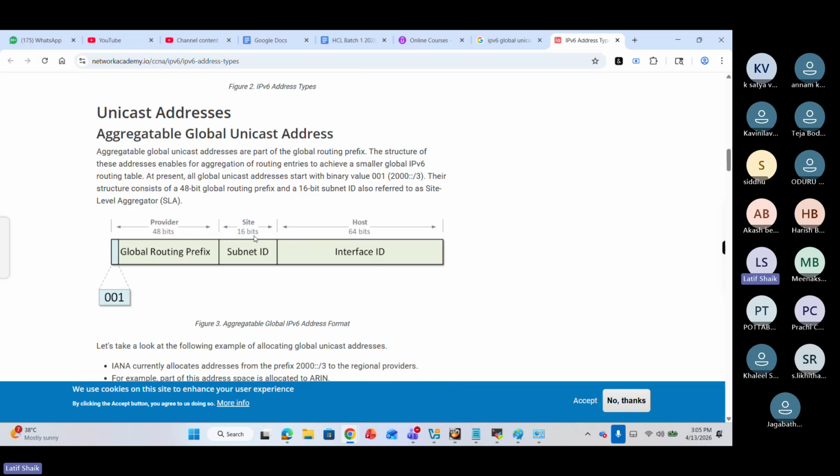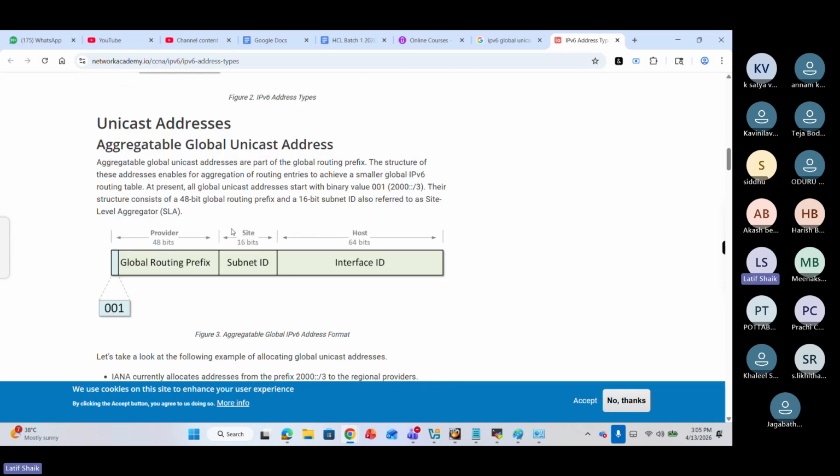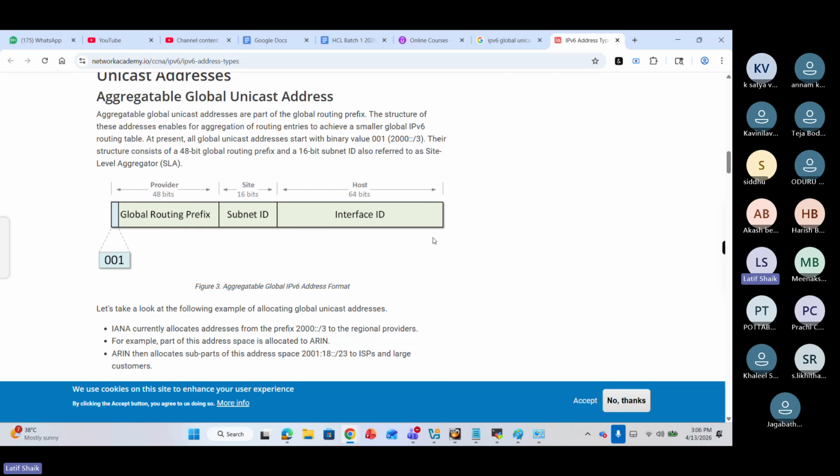This is what I'm trying to say. This is the unicast address total. This is the interface ID, meaning host addresses. 2 to the power of 24 hosts we can make in a single network.